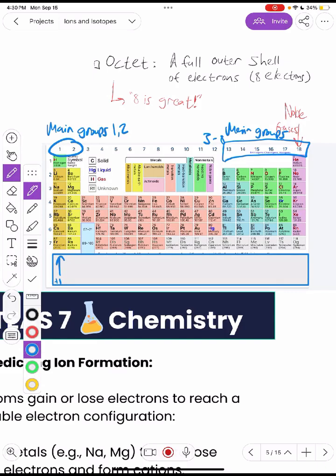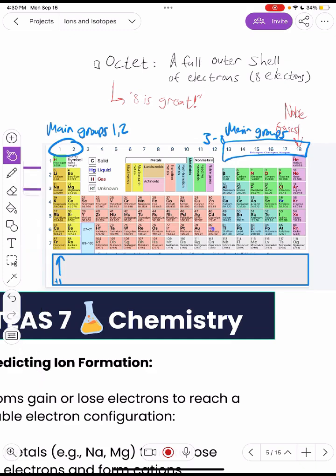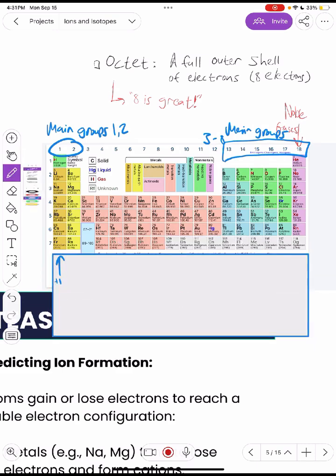So that's going to be a positive 1 charge because they're going to lose electrons. Yeah, magnesium's atomic number 12. Yep, Mg, magnesium, Mitch. Yep, good question. Okay. And these are going to lose 1.